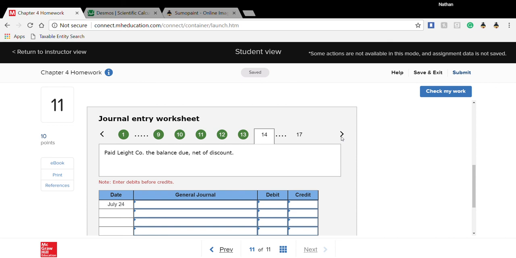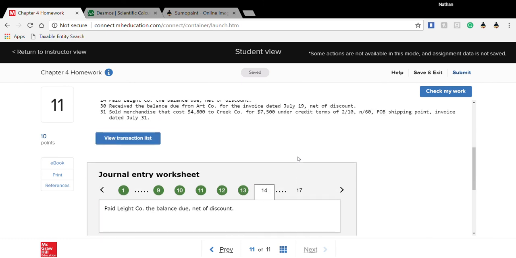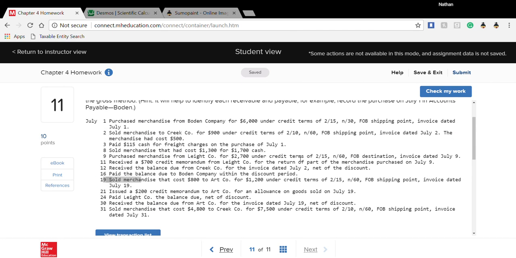Alright. Now we have paid Lightco the balance due, net of discount. Now be careful. With Lightco, we actually had a return. And of course, we purchased merchandise, so we're the buyer. So we're going to have to deal with that actual difference. So let's find out what we have on difference.